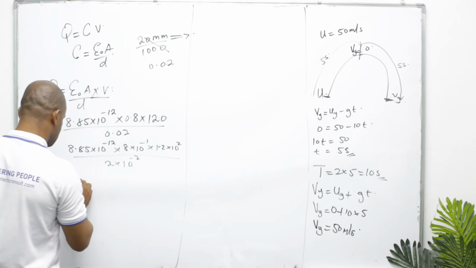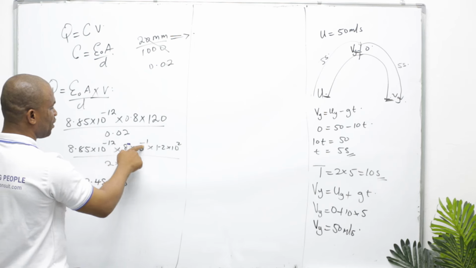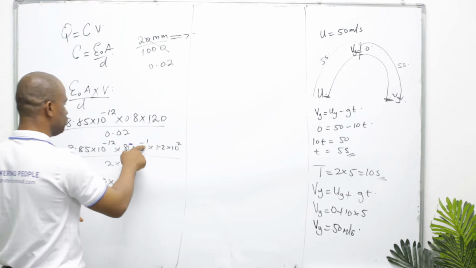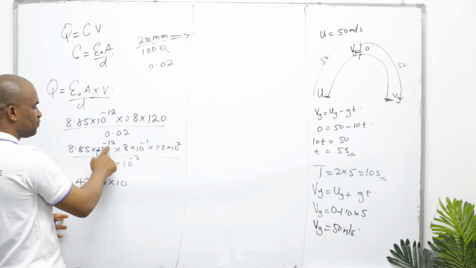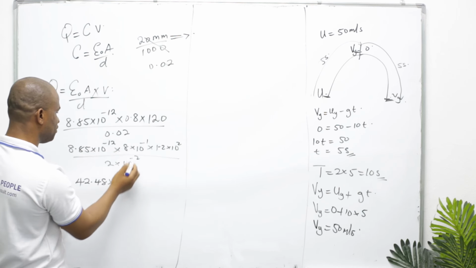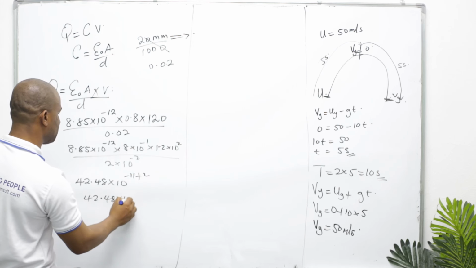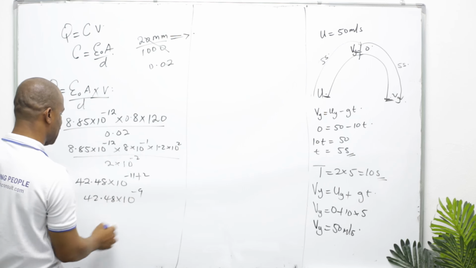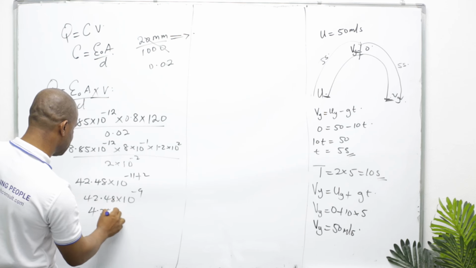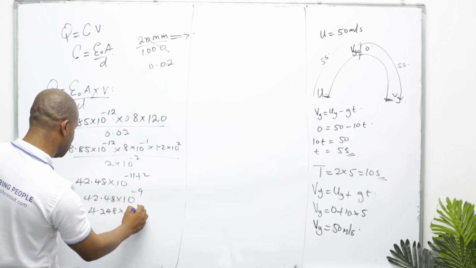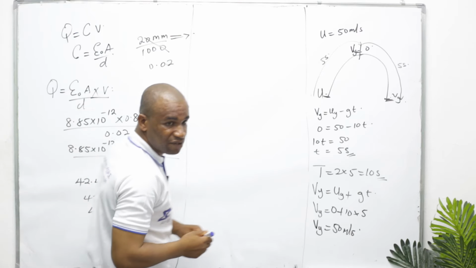So this is going to be 42.48 times 10. Now let's work with all the powers of 10. 2 minus 1 is 1, minus 12 is minus 11, and plus 2 gives minus 9. So 4.248 times 10 raised to the power 1 times 10 raised to the power minus 9. So what do we have then?